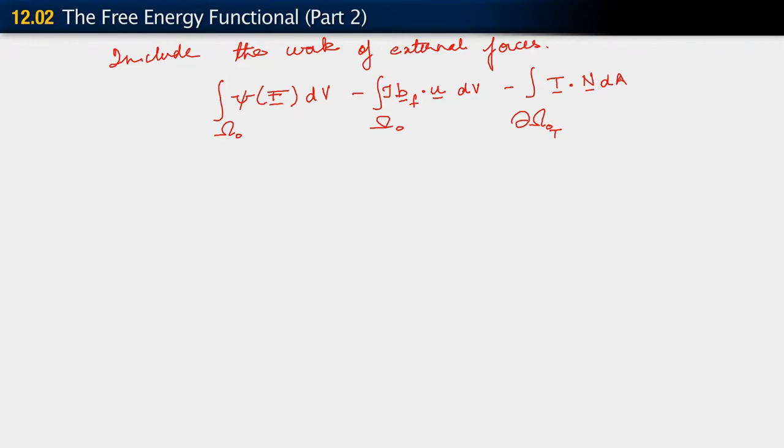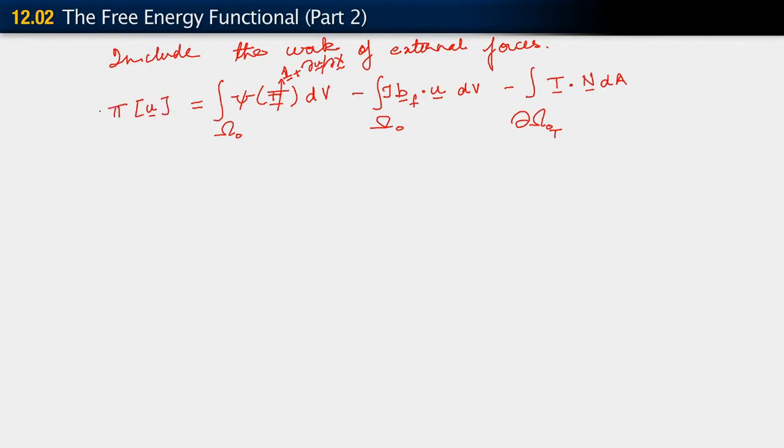Now, because we know that F here is written as the isotropic tensor plus the partial derivative of u with respect to x, what we observe is that this energy that we've written on the right-hand side is dependent on the displacement field u.